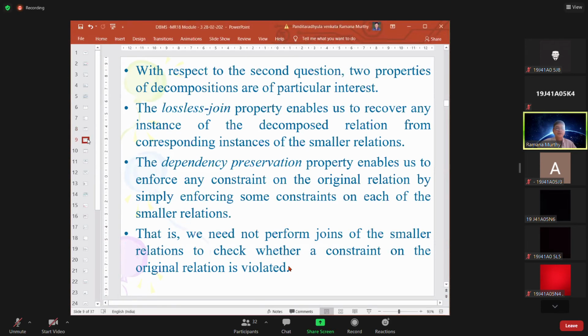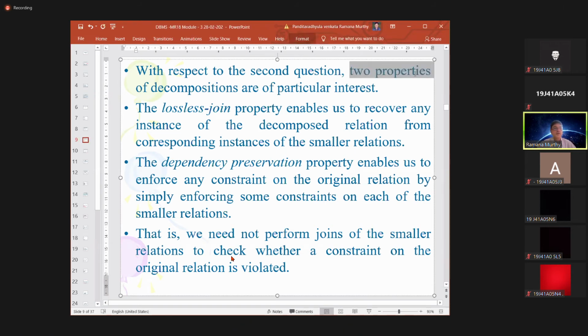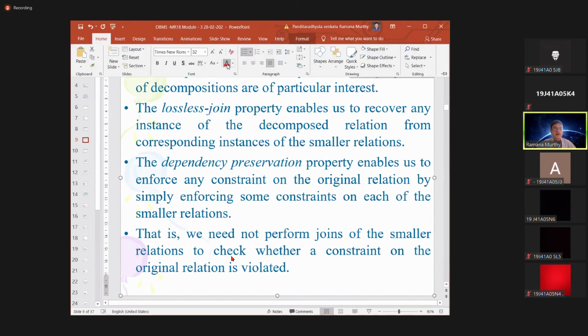Next, with reference to the second question, what problems may arise if you decompose a relation into two or more relations? Two properties of a decomposition are very important.